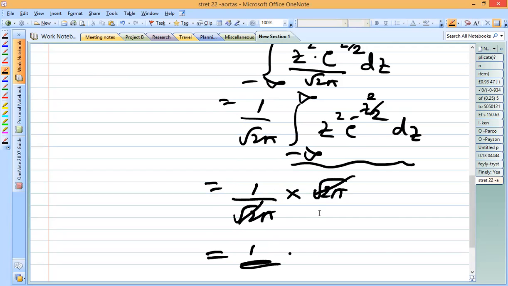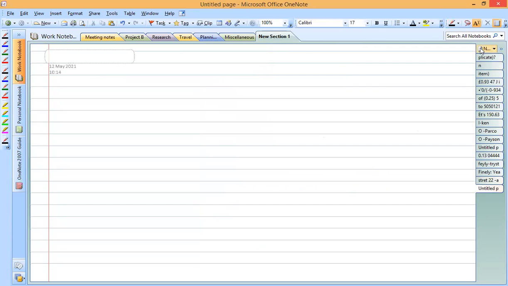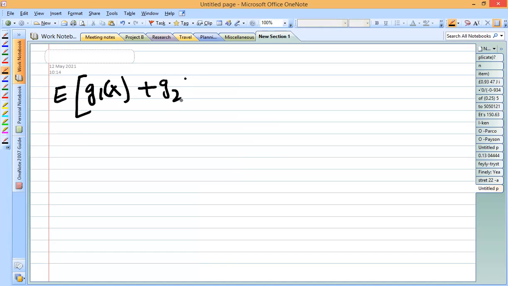And next, the expectation operator can be applied for linear transformation equations also. Here we have seen the properties of the expectation operator, and we have seen that it can be operated as a linear operator. So what do you mean by linear operator? Suppose you write the expectation of g1 of x plus g2 of x, where these are some functions.